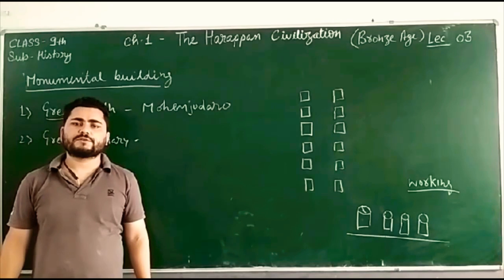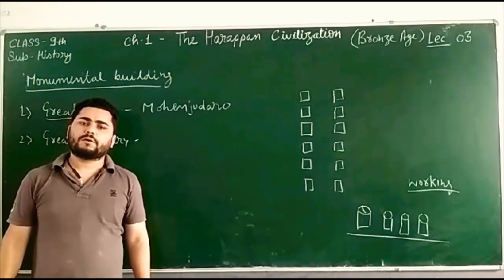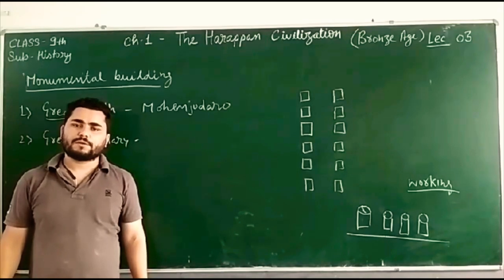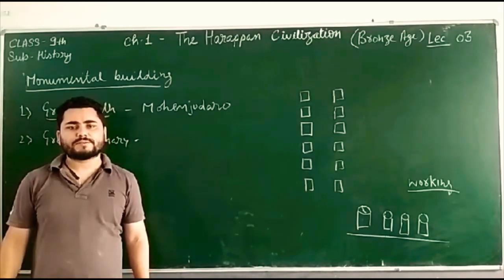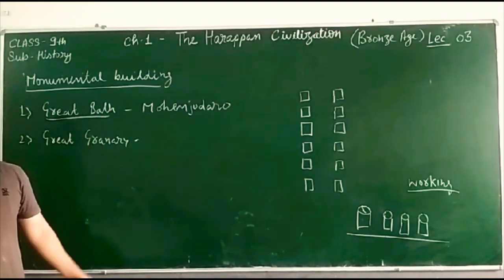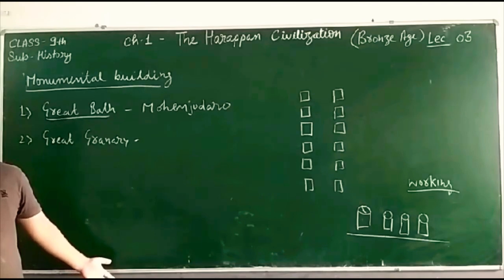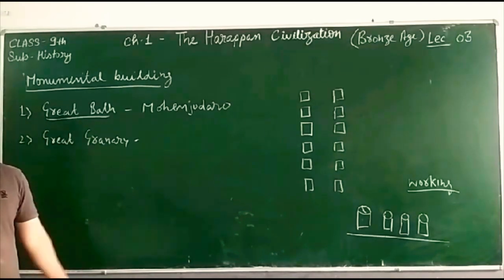Harappa is situated near Montgomery district of Pakistan, right? And Mohenjo-daro in Larkana district of Pakistan, right? And Lothal in Ahmedabad, Gujarat, Kalibangan in Rajasthan. These things we have studied.